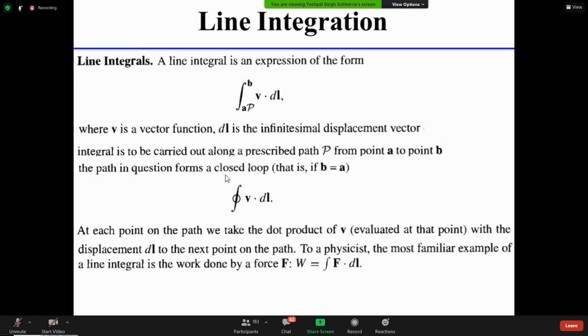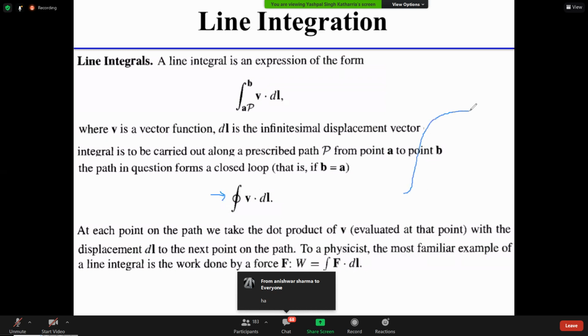Okay, so the path in question can sometimes form a closed loop. In that case, we will have this integration performed from A to B, then from B to A, if it is forming a closed path. This integration is then represented with a circle symbol on the integration symbol, which means a closed integration, or integration over a closed loop.